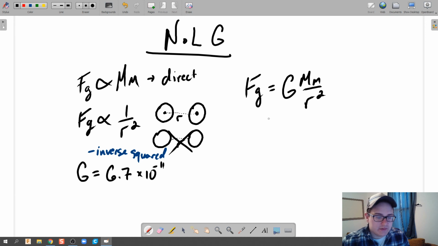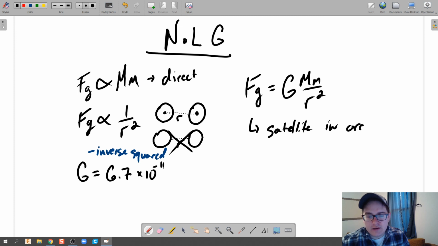So what can I do with Newton's Law of Gravitation? When an object is in motion or in orbit, say a satellite in orbit, what are we able to say? Well, we're able to say that our centripetal force is equal to our gravitational force only.